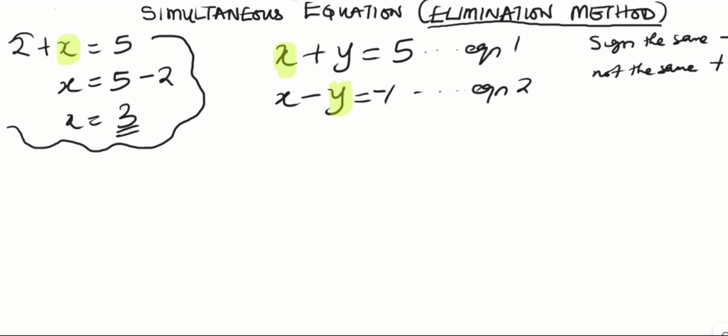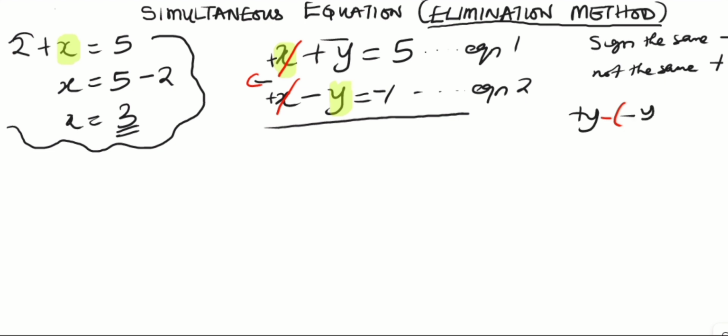So first of all, let's eliminate x. Now you notice that the sign for x here is positive and the sign for x here is positive, so we are going to subtract so that they cancel out, and that's what it means to eliminate. So x minus x cancels out, and then we have, let me spell this out very well, positive 5 minus, this minus sign, minus y again, minus y.